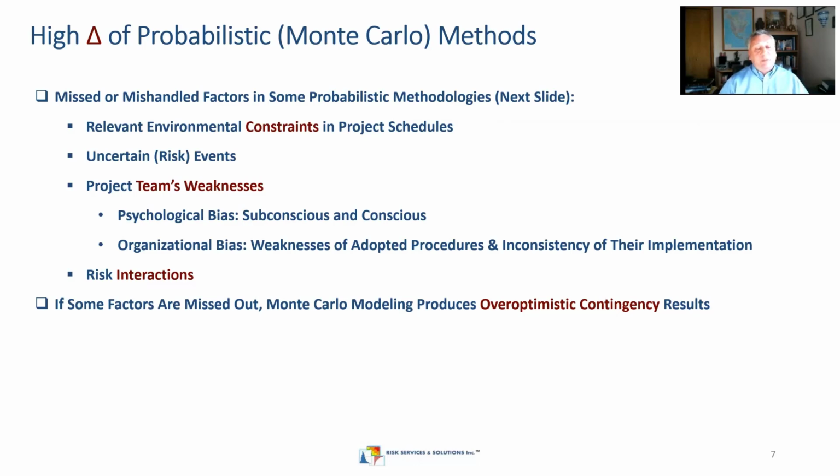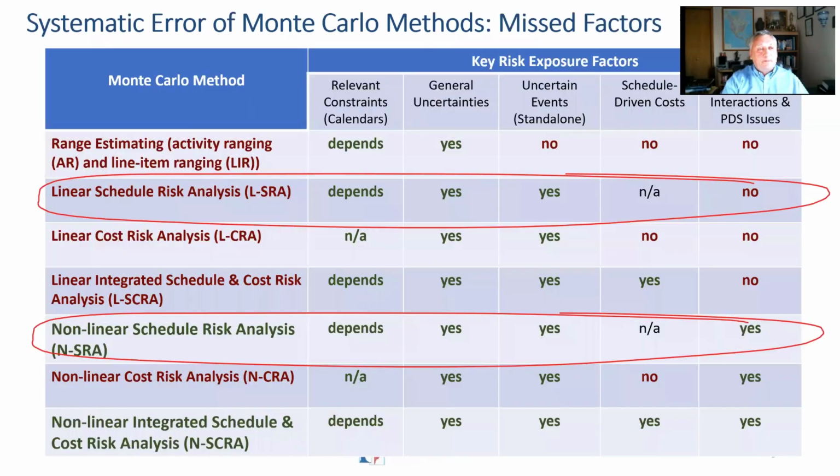And this is about team's weaknesses. And finally, all identified risks, including environmental risks, should be considered in terms of their interactions. It's knock-on and compounding. If one of those factors or two or more factors are missed out, we will get a very optimistic contingency, and we will see the models to understand why it's happening.